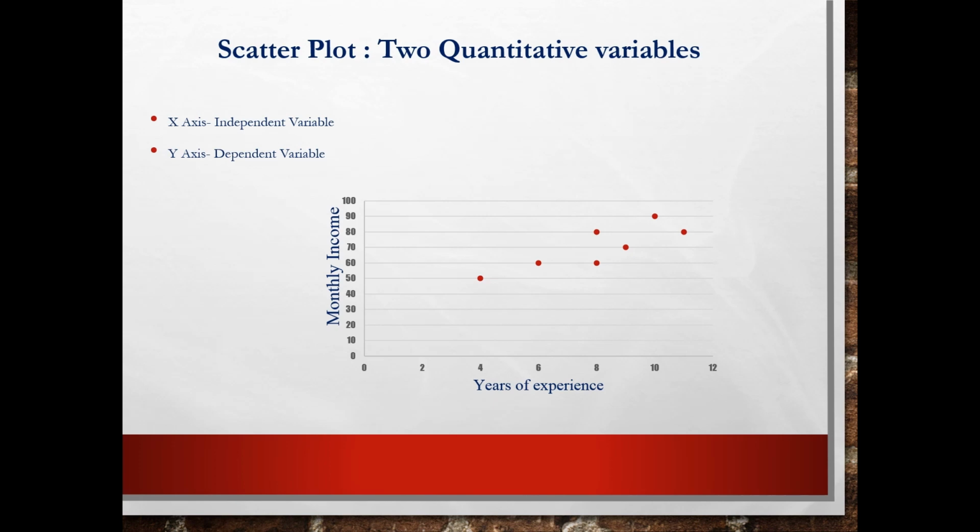By looking at the plotted points, you can comment whether these two variables are associated or not, and if they are associated, what type of association they have. For example, you can see here when the years of experience are increasing, the monthly income is also increasing. So you would say there's a positive association between these two variables.